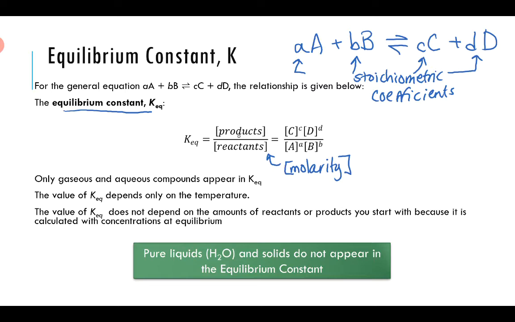So if we have a lot of products, then we're going to have a really big numerator and a very small denominator. But here's the interesting part. These stoichiometric coefficients become exponents.